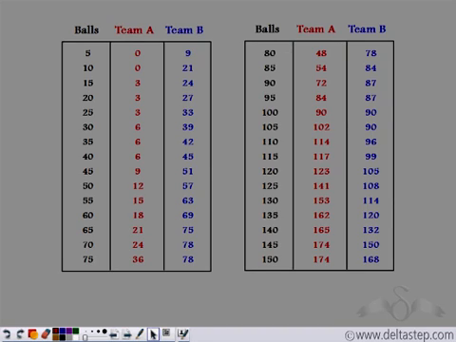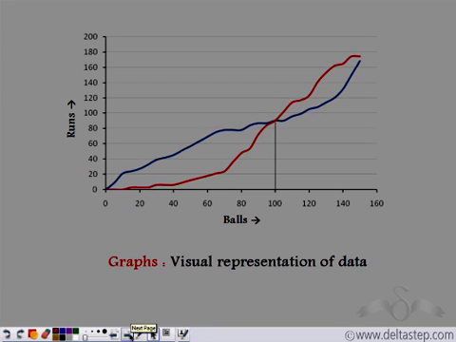Actually, it is very difficult to analyze these tables in the current form. So what do we do? We plot this information on a graph. Now, if you watch cricket, you must have come across something like this. This is a graphical representation of the runs scored by two teams, the red team and the blue team, over the course of the match.